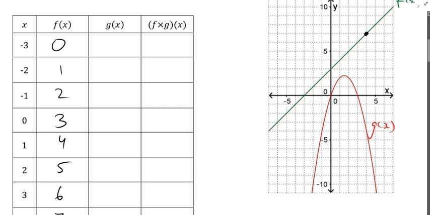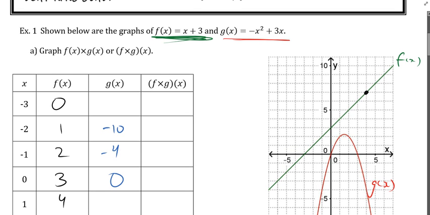G at x, I might start with a couple of the easy ones. So at 0, it's 0. And at 3, it's 0. At -2, it's on the graph. It looks like it's -10. At -1, it's -4. -3 goes off the graph.